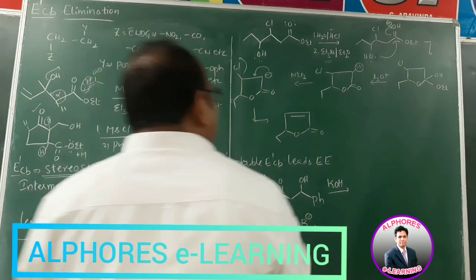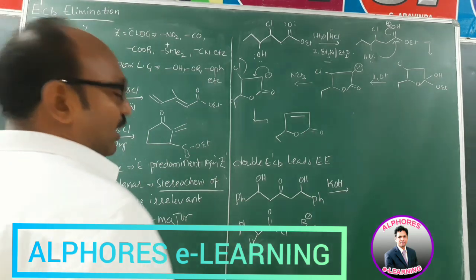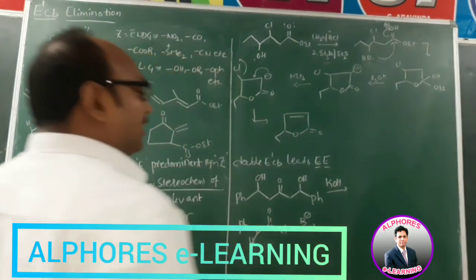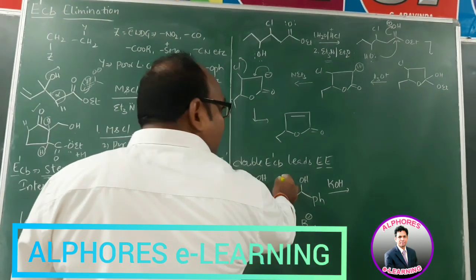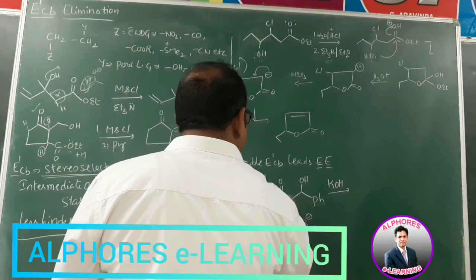If E1Cb takes place two times, double E1Cb, both the products are E,E alkenes. Have a look here. With respect to this C double bond O, this hydrogen and this hydrogen, both hydrogens are active.